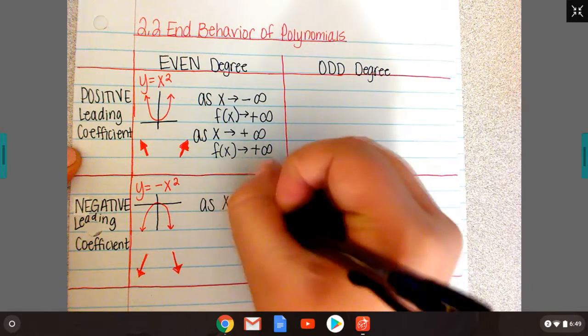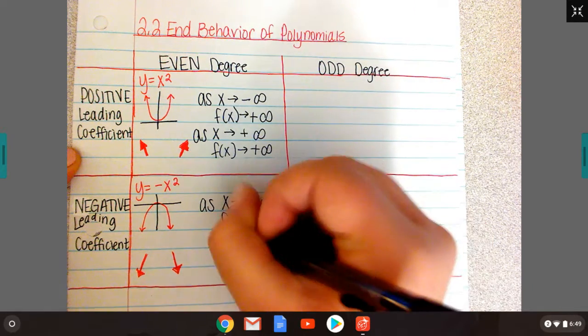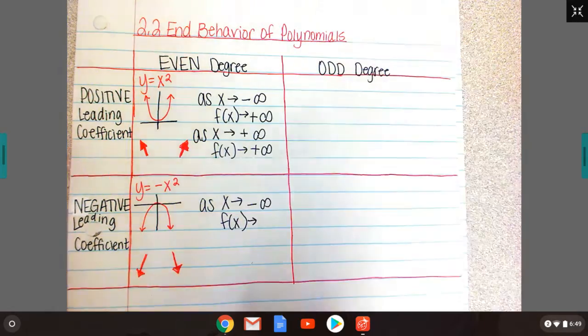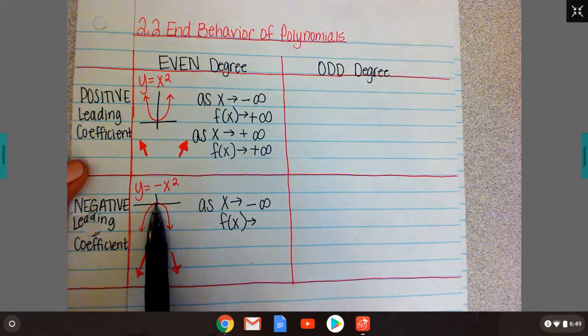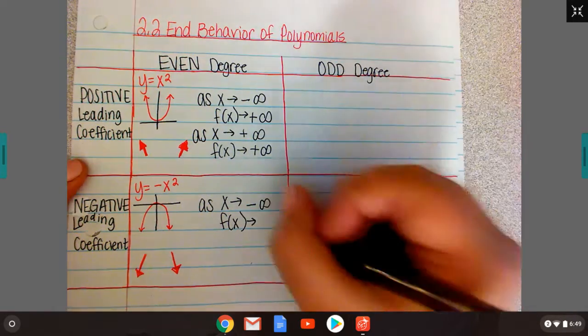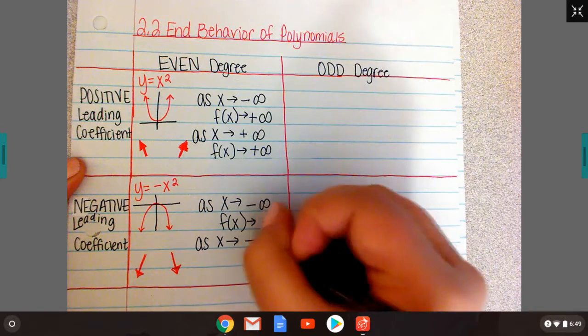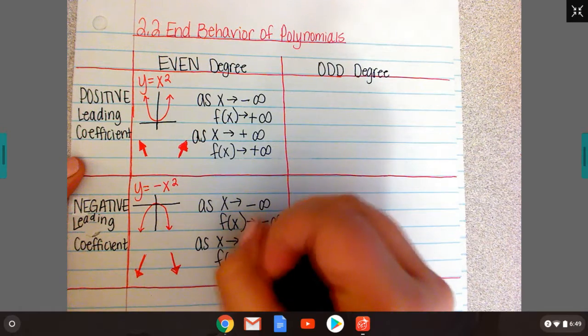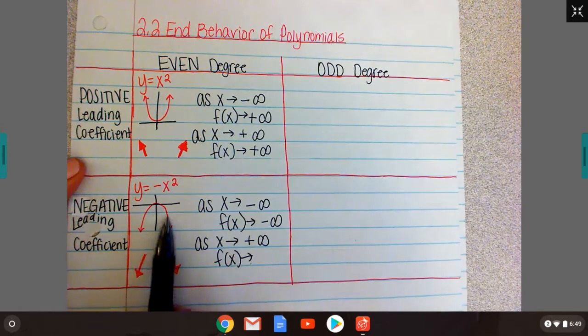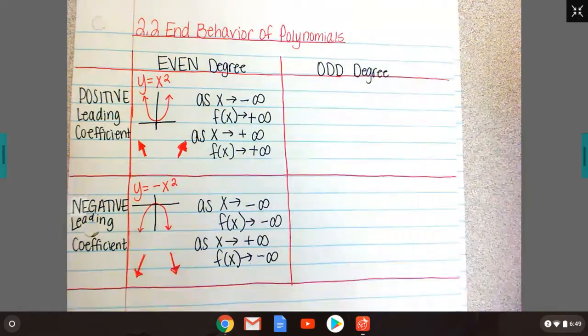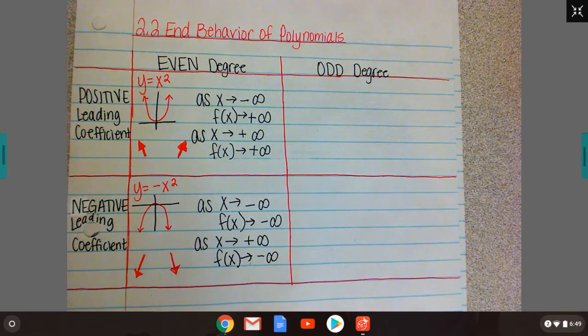As x heads towards negative infinity, f of x does what? So as x goes to the left, y goes down, so negative infinity. As x goes towards positive infinity, f of x goes towards what? Negative infinity again.